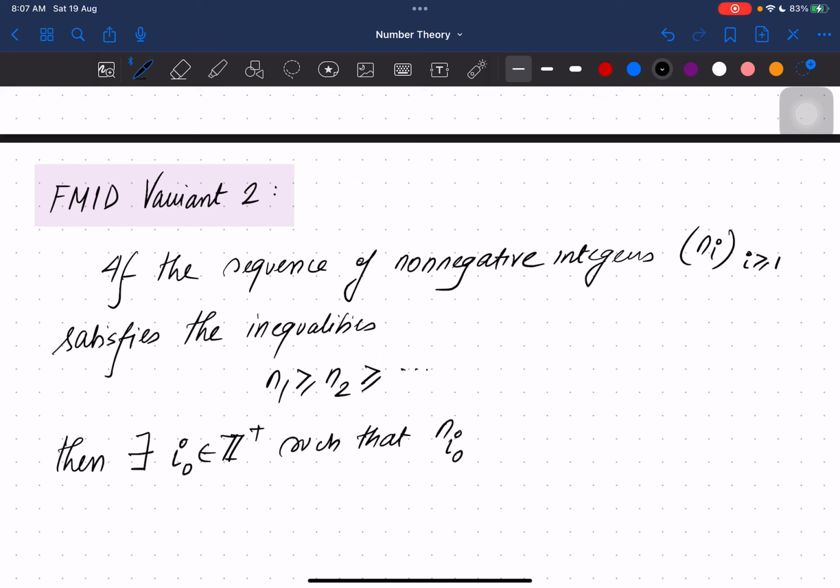So ni0 is equal to ni0+1, ni0+2, and so on. So this is the second variant.